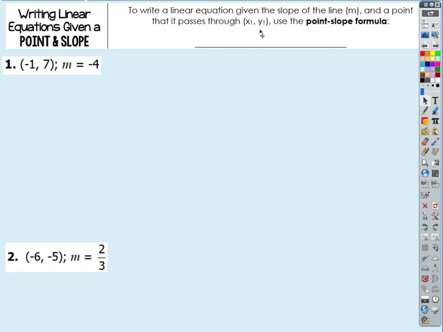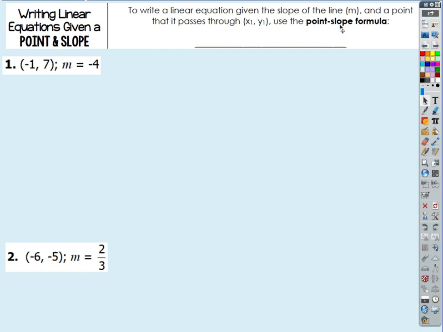When we write something like that, where x has a little subscript next to it, x sub 1 and y sub 1, a lot of times we just say x1 and y1. Whenever you see a number attached to a variable like that, it's talking about a specific value of that variable. So it's a number value we're plugging in. So x1, y1, together those correspond to the coordinates of some point that our line passes through.